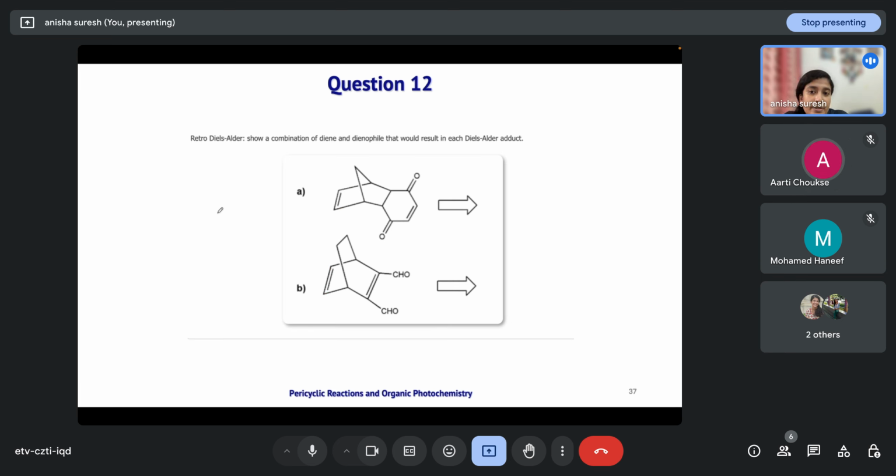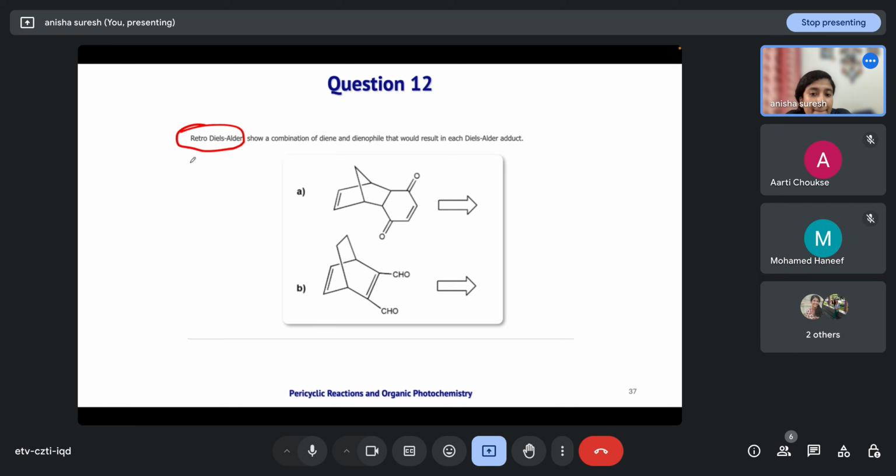Now coming to this question. Here the product is given and we are asked to find the starting materials. So this is a sort of retro Diels-Alder reaction. Can you suggest what the products will be?